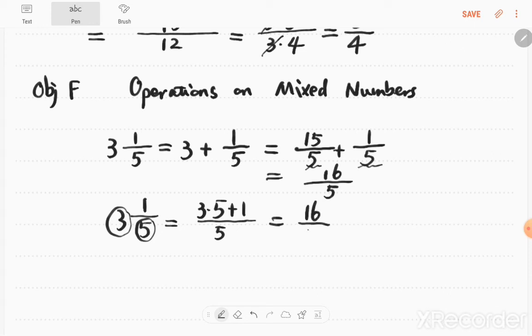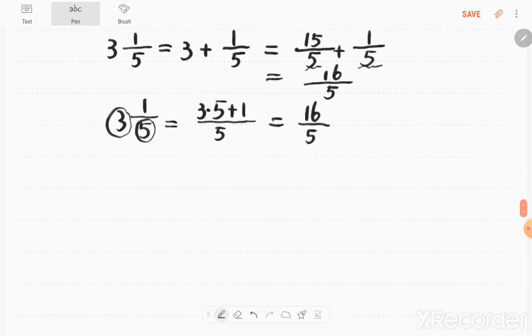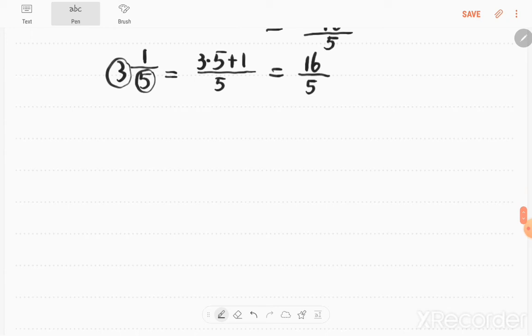We get the same answer. Do the multiplication. 3 times 5, 15 plus 1. We will get, this is the shortcut version. They are just the same meaning. Okay. So with the mixed number, we first change the mixed number to the fraction. Okay, then we can do the operations.